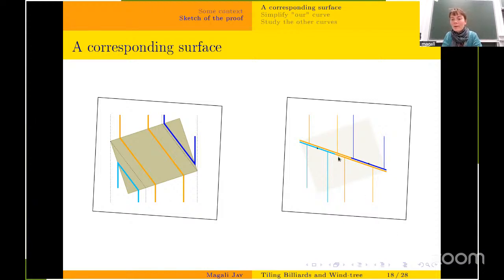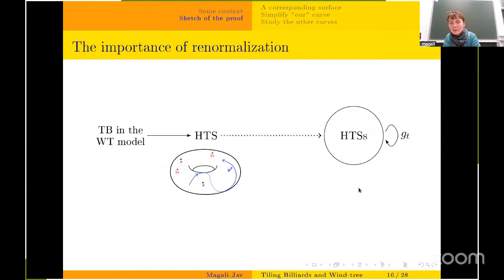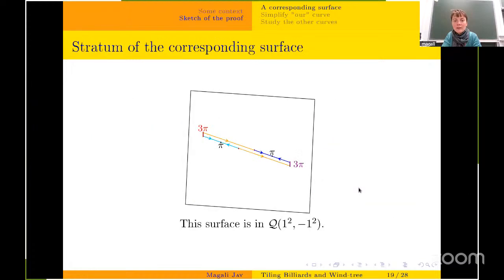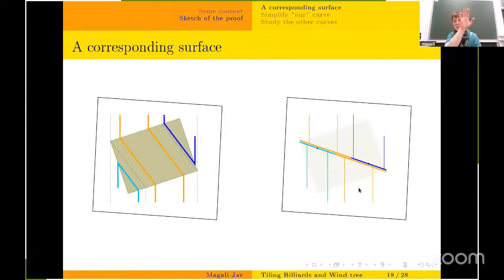So I have a yellow orange part here corresponding to the translation part, and a blue part where the 2 halves are identified as in half translation surfaces. So this is not a translation surface, this is really a half translation surface.